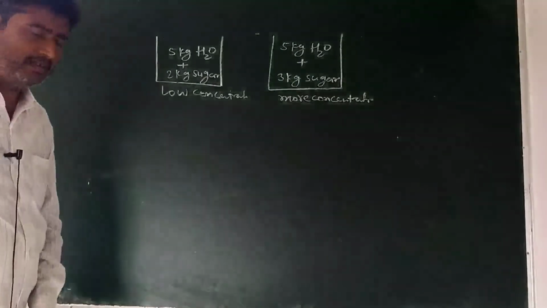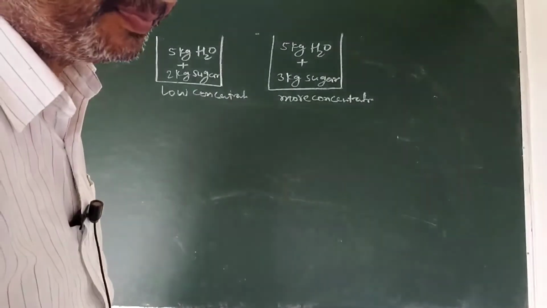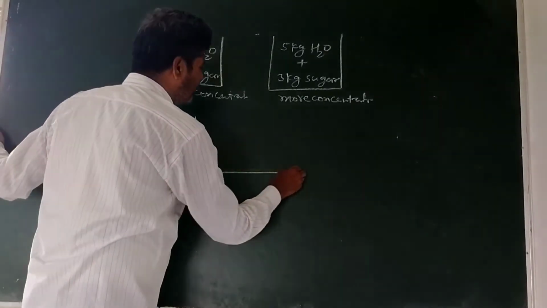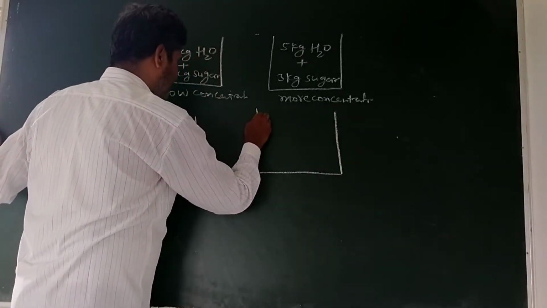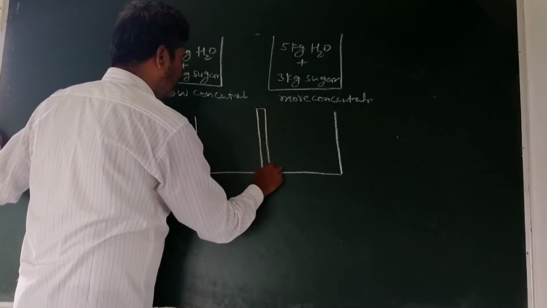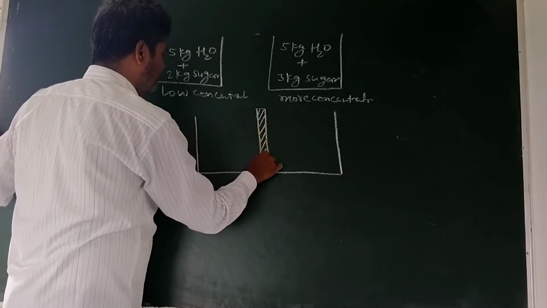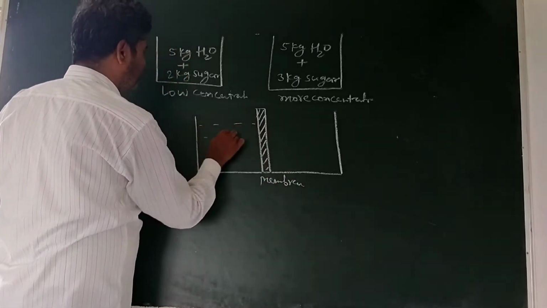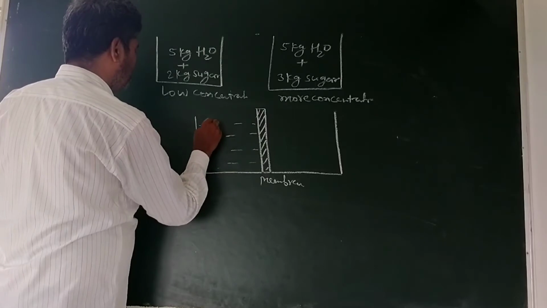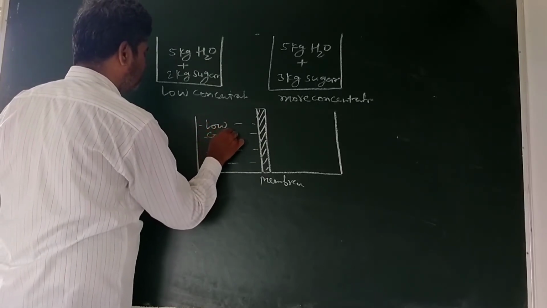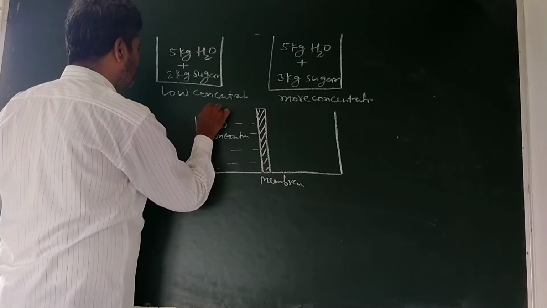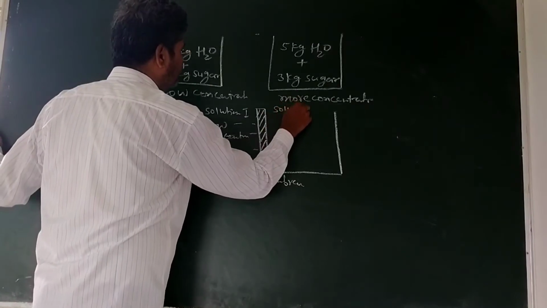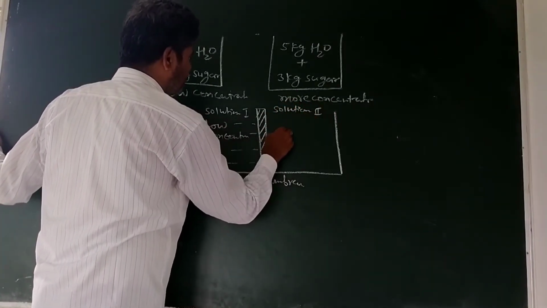When both are kept in close contact to each other through a semi-permeable membrane. This is the semi-permeable membrane. On this side, low concentration, solution first, solution second, high concentration.